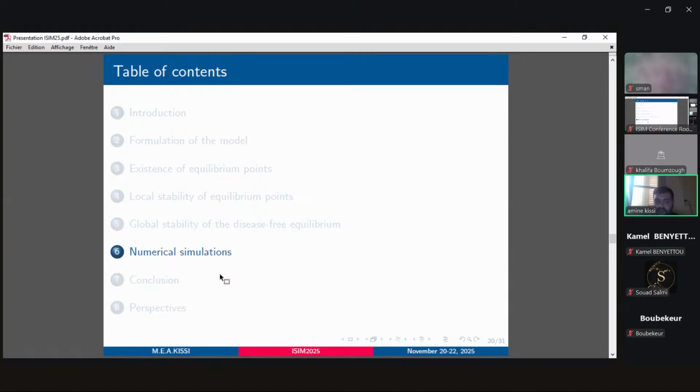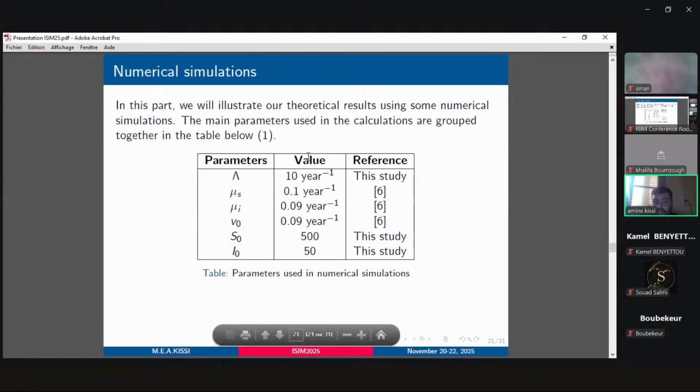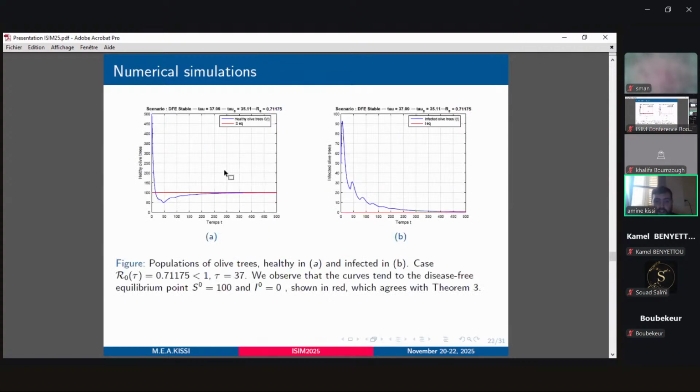Let's finish with some numerical simulations, using the parameters shown here in this table and the program MATLAB. In the first scenario, R0 of τ is equal to 0.7, which means less than 1, and τ, the delay, equals 37. We show that the healthy olive trees tend to lambda over μ_S, which is 100. And the infected olive trees are a decreasing function to 0 here, which is the disease-free equilibrium.